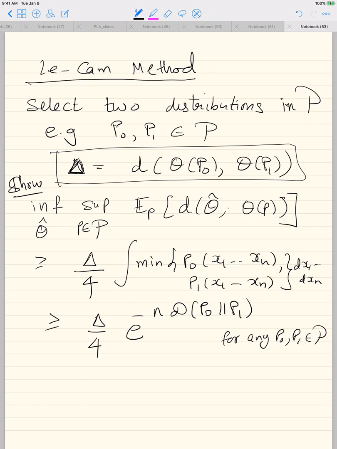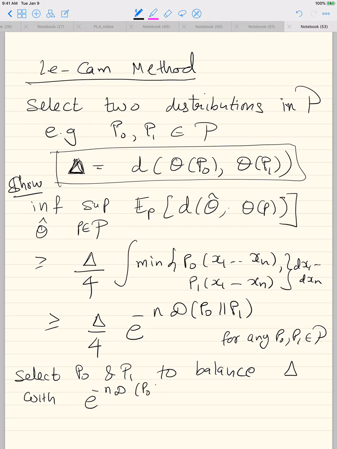So we want to select P0 and P1 to balance delta with e to the minus n d of P0 and P1. Often, at least people in practice, when they have to prove these bounds, say let the relative entropy scale as 1 over n.